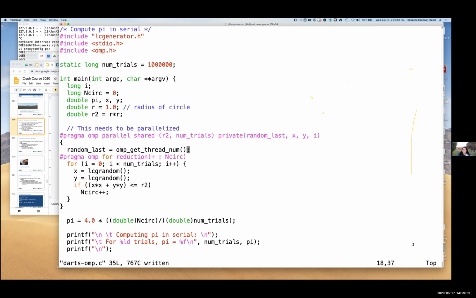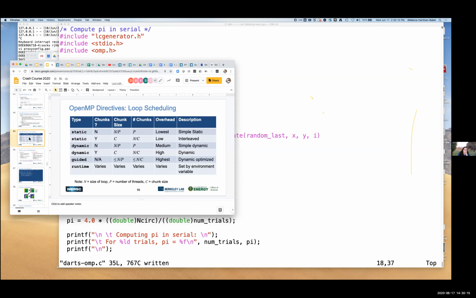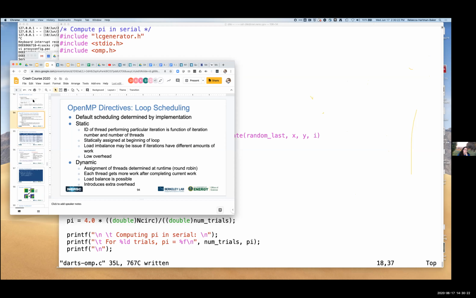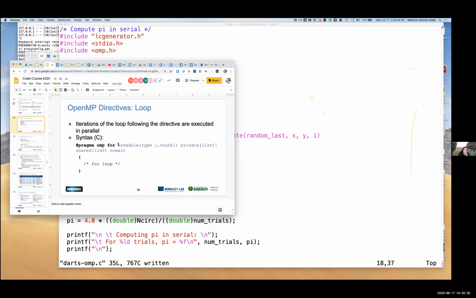Okay, so now somebody asked me about the schedule. So we could try scheduling this for loop. Let's see what our different options are. So we could do static, dynamic. If we're going to do that, then we would put the schedule.